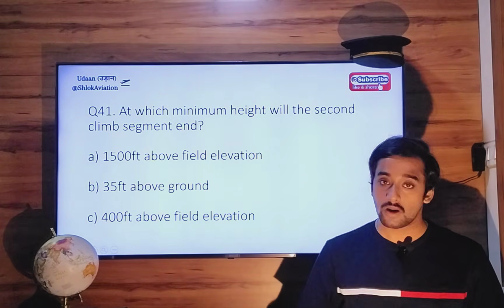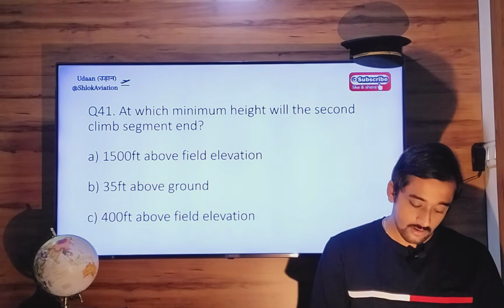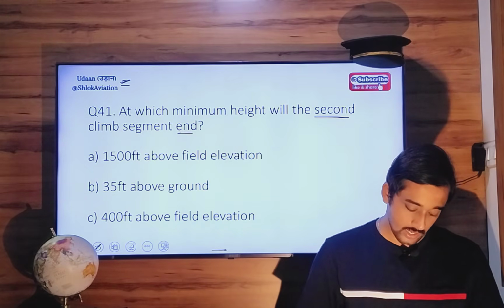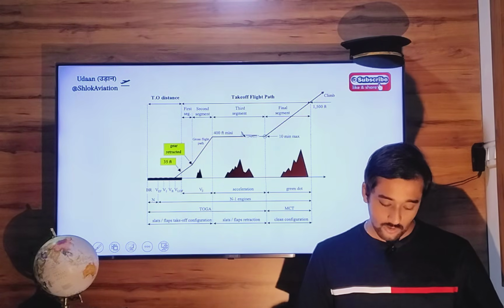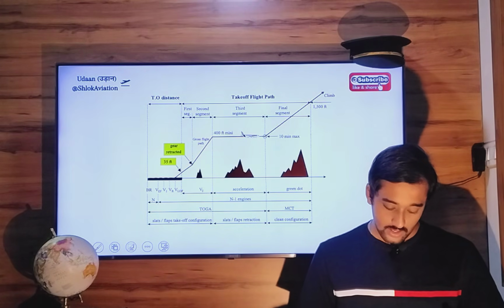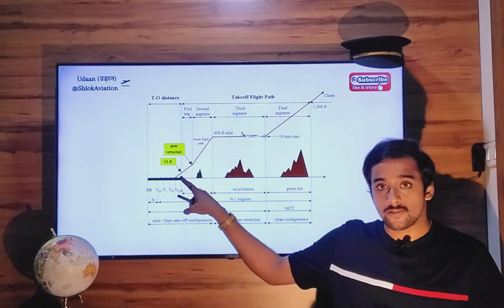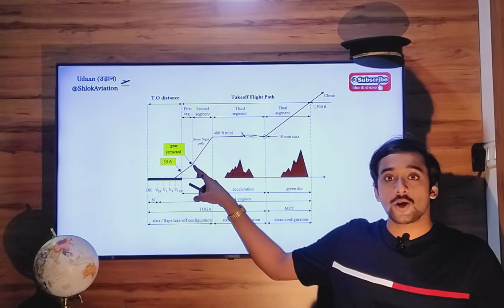At which minimum height will the second line segment end? It will end the second line segment. So look at this diagram, look at this picture. Your first segment starts when you are 35 feet above the ground to the point where you retract your landing gear.